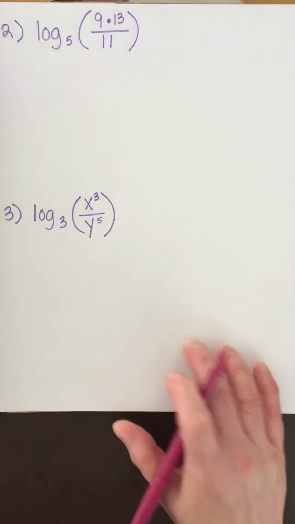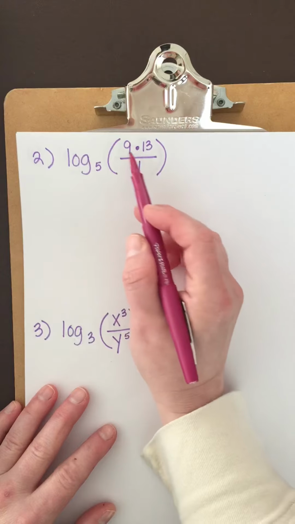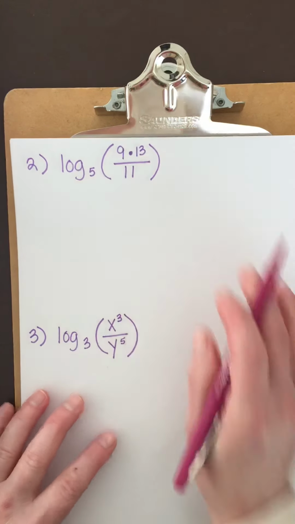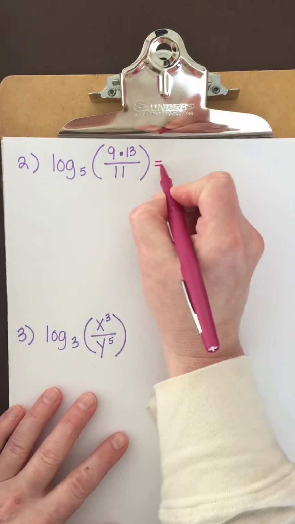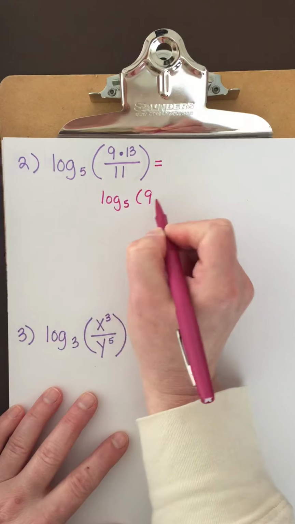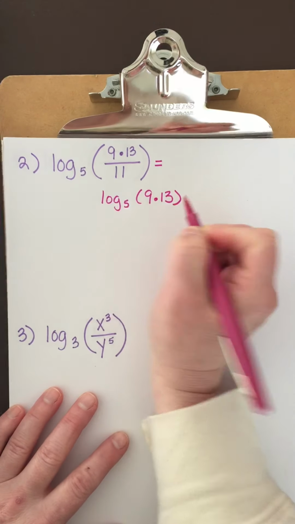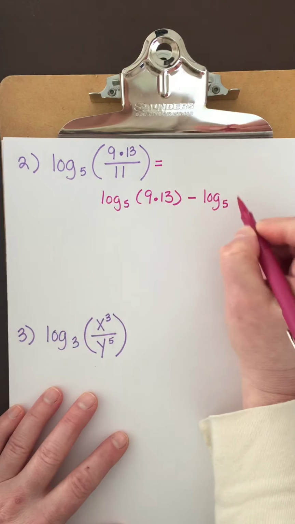All right, let's do another one. For this one, we have the log base 5 of 9 times 13 divided by 11. So first I'm going to use the quotient rule, and we can think of this as the log base 5 of 9 times 13, that's your numerator, minus the log base 5 of 11.